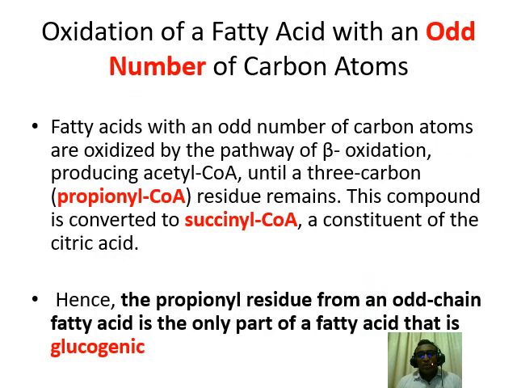So we already covered, in terms of short chain fatty acid, how it will undergo beta oxidation, such as palmitic acid entering beta oxidation to give rise to 8 acetyl coenzyme A. But what about other types of fatty acid?